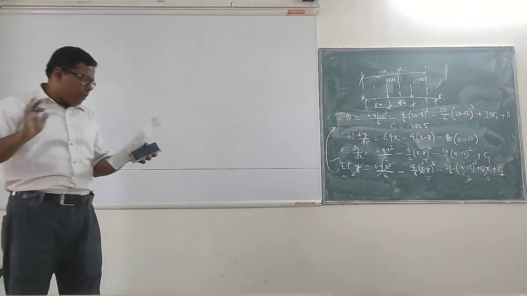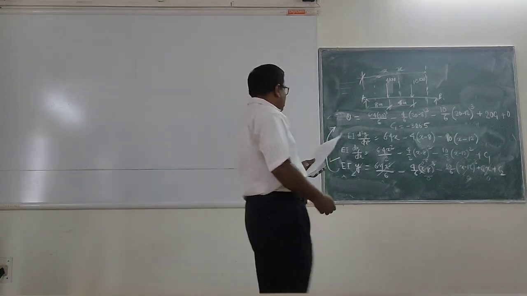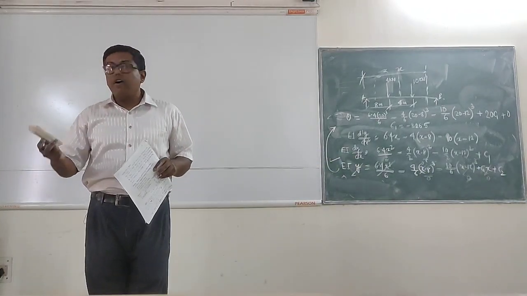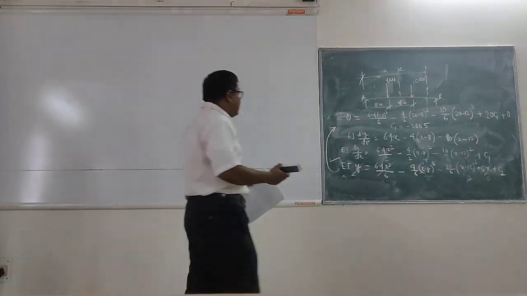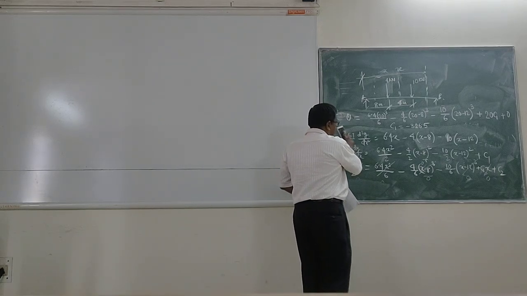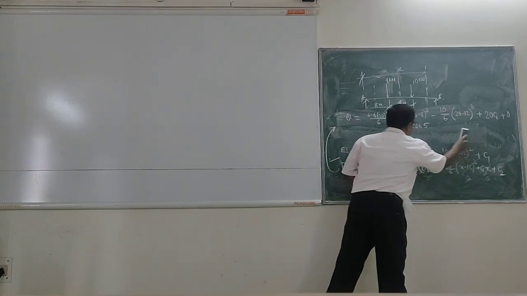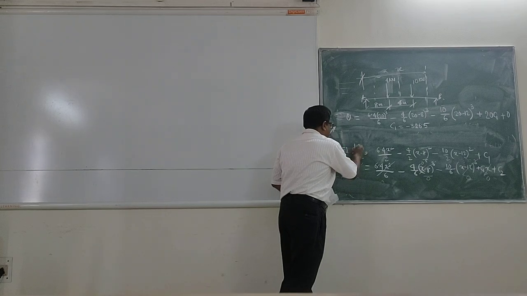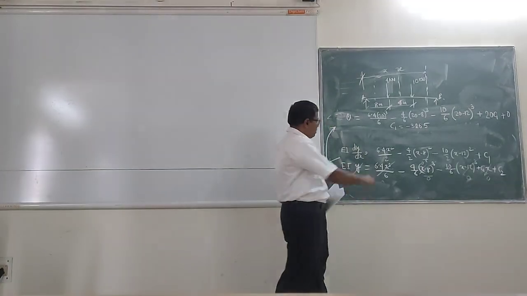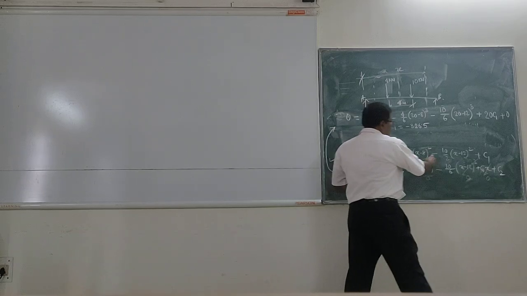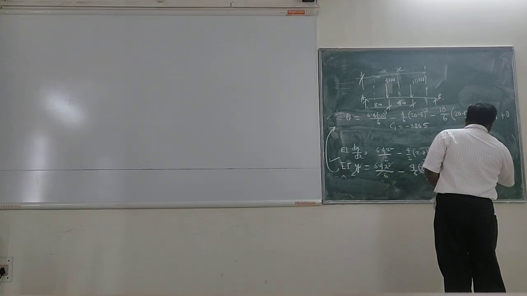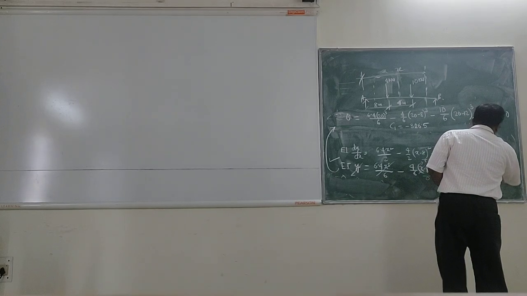That's all. So finally, what are the equations you are getting for slope and deflection? The final equation for slope will be EI dy/dx equal to this one minus this one minus this one, and what is the value of C1? Minus 326.5.